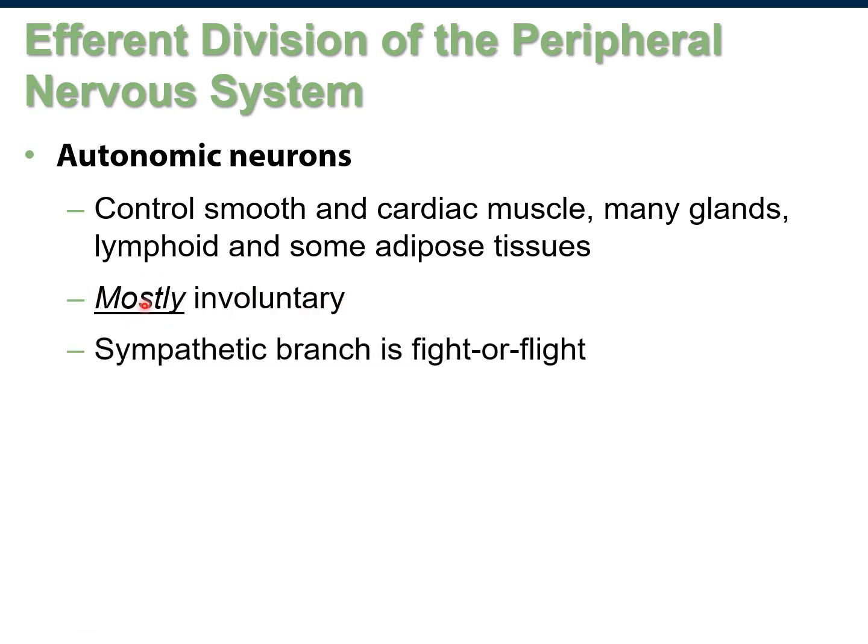Mostly involuntary, though it is possible to make them more voluntary, either with training, or occasionally you'll have somebody who has a unique ability to do certain things, almost like a superhero kind of ability, but that's pretty unusual. You have two major divisions, as we mentioned. We have sympathetic, which is about mobilizing and releasing energy to meet increased metabolic need or potential for injury or stress.